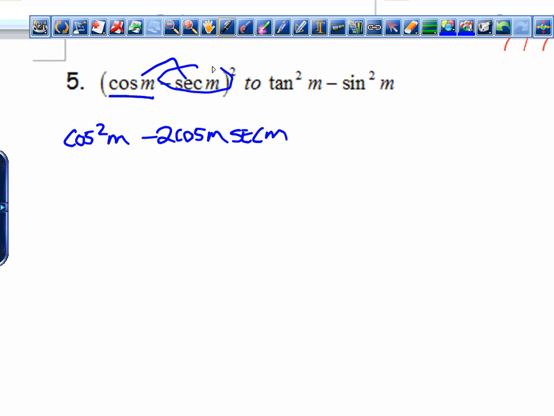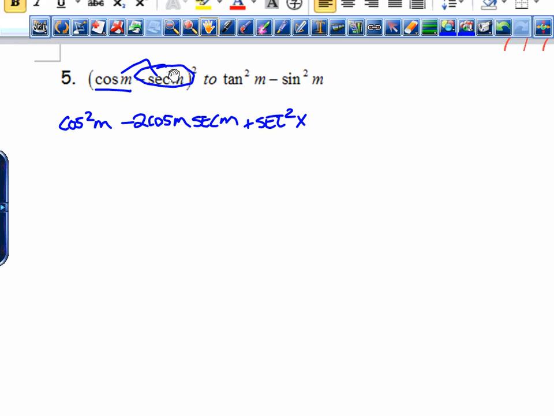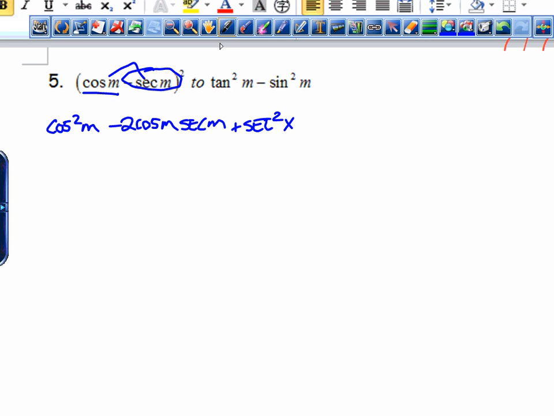And the last thing is to square this. So plus secant squared m. The reason why it's plus is because it's negative. We want that to look like tangent squared m minus sine squared m. I'm sorry, I'm changing all my variables. Still an m.